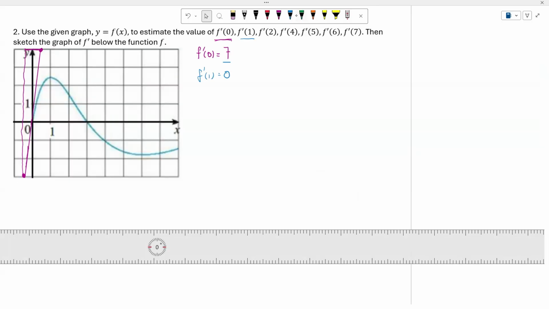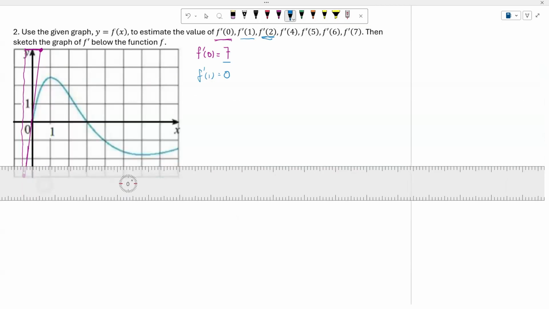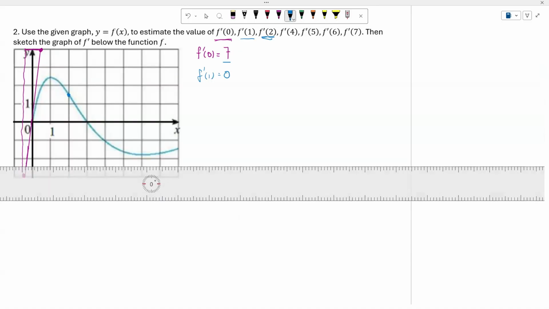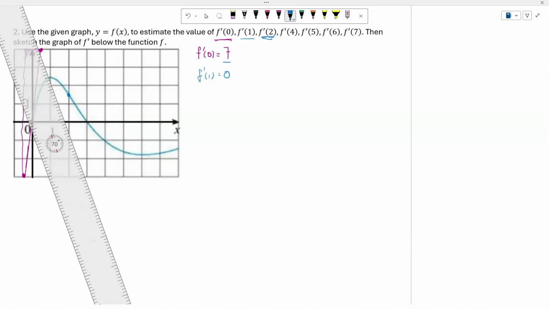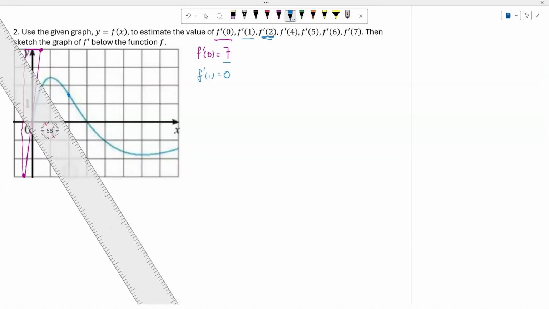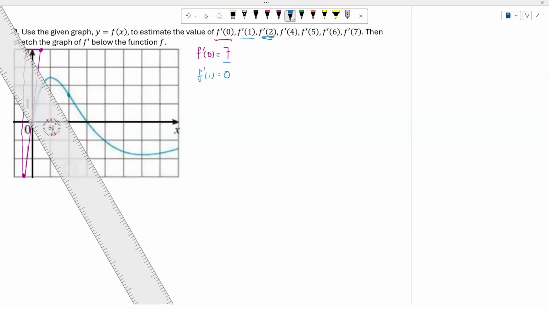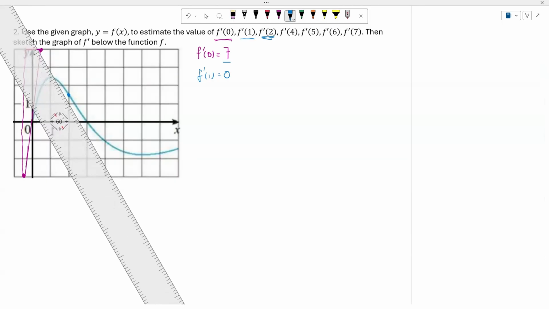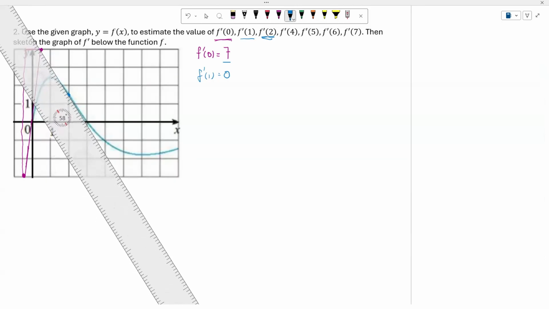Then let's look at f prime of 2, okay? This one. f prime of 2 is this point here. Again, what we could use is a ruler, a straight line, to approach this point right here.